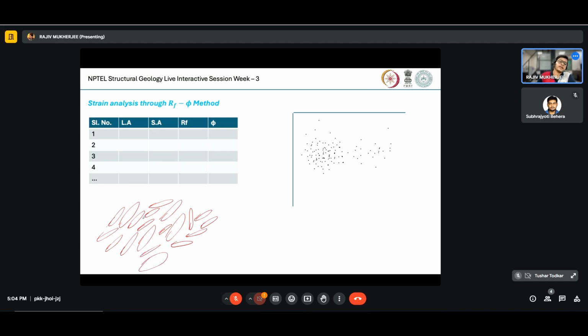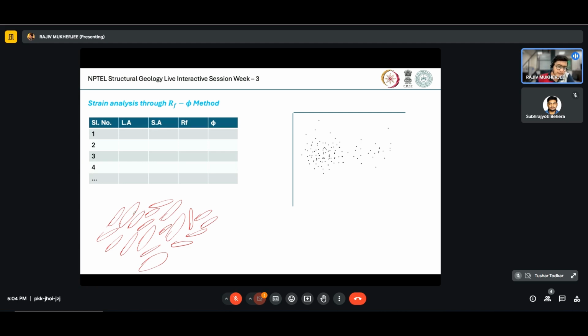These can be deformed or stretched pebbles, different kinds of mineral structures, quartz grains, or different kinds of fossils, whatever it can be. So these are some deformed markers.